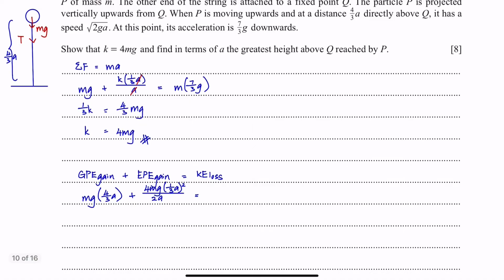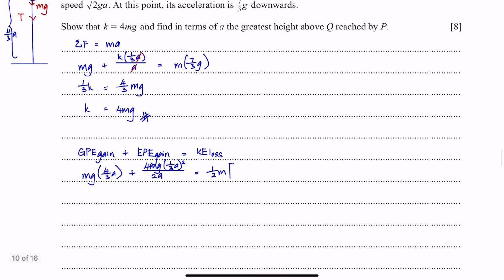So for the kinetic energy loss, we need half m times the change in v squared. That means the initial speed squared minus the final speed squared. So initial speed, let's call it u. So u squared minus the final speed, which is the square of root 2ga.